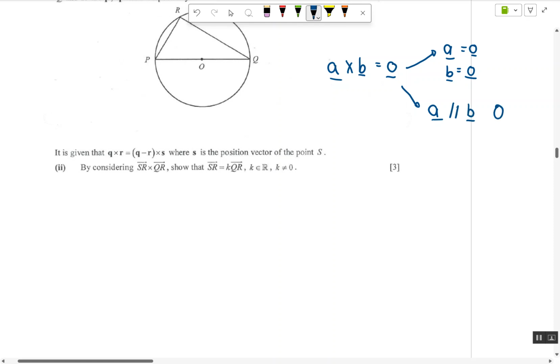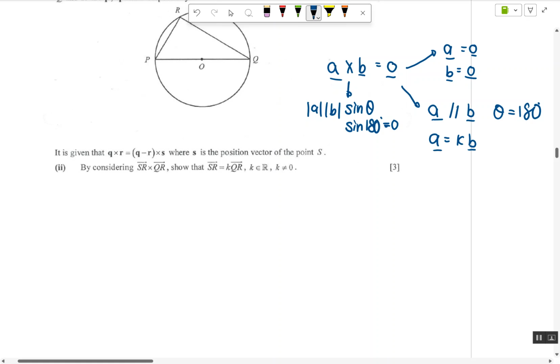Because the angle they make together is 180 degrees. And A cross B is magnitude A, magnitude B, sine theta. When you have sine 180, it becomes equal to 0. So which means that A is equal to K times B. These are 2 things that you must know.